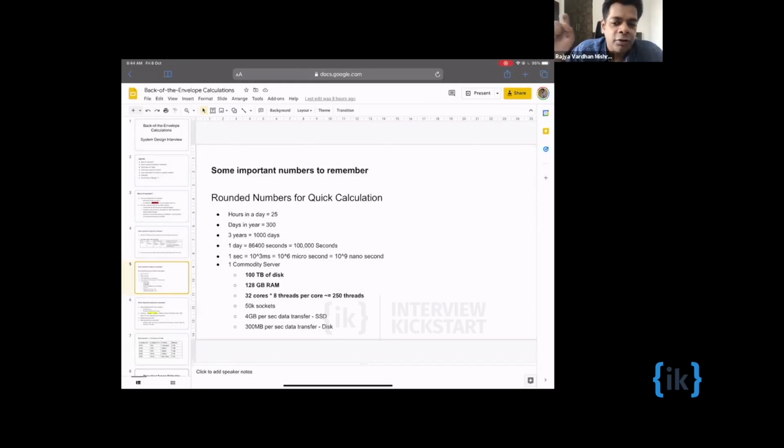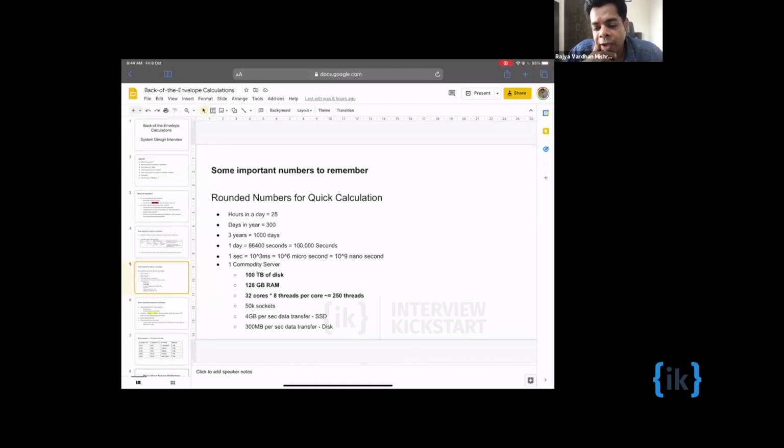It depends on the kind of application and the language that you are using, because in case of Java, they are going to be very heavy threads, in case of maybe Golang, they are very lightweight threads. But for the purpose of interview, it's an acceptable number. So 32 cores into 8, that means 250 threads.